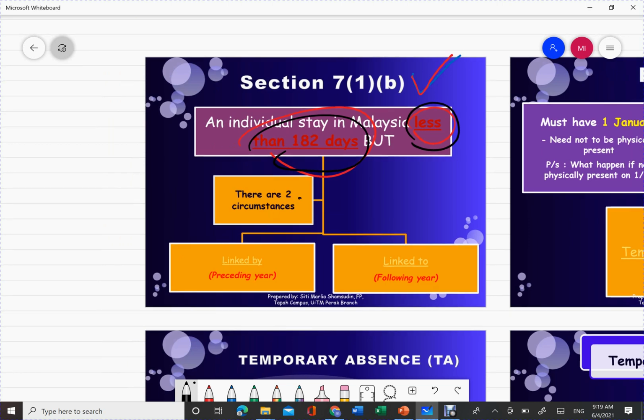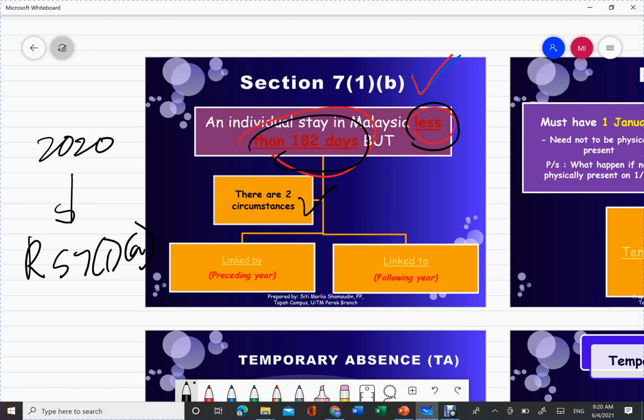But there are two circumstances that he must fulfill in order to be entitled as a resident in Malaysia. We look at section 7(1)(b) only if that particular year the person is not entitled to be a resident under section 7(1)(a).